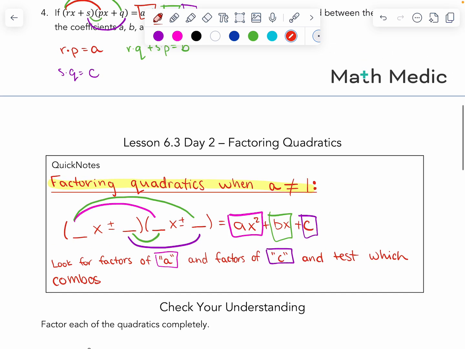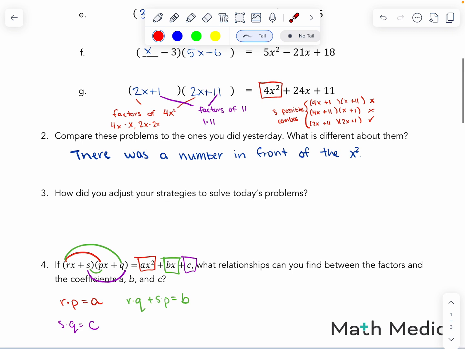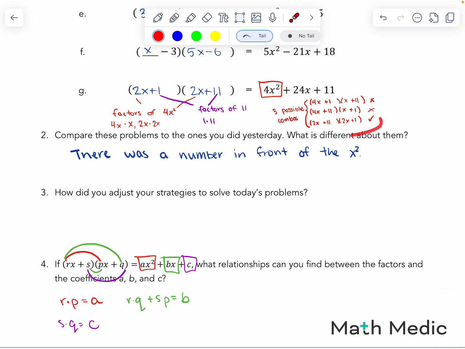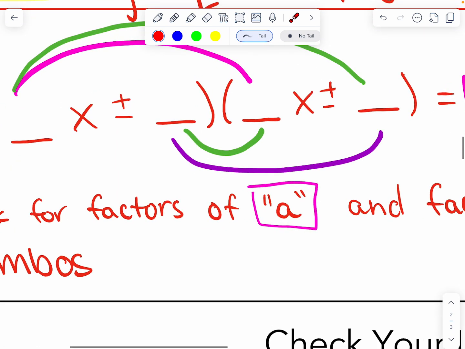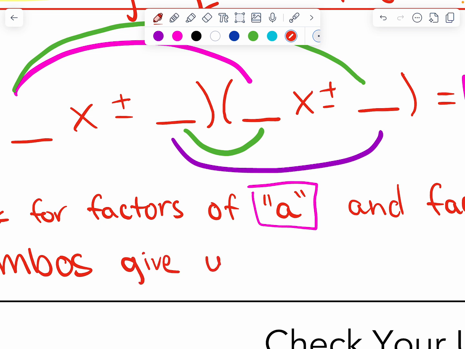When you see the word combos, we want to think about these, the possible combos that we referenced. So you're going to test which of those combos give you the correct b.